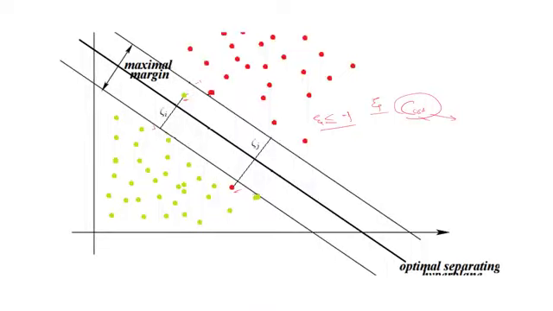If you say greater than -1, then it will even allow the observations to fall on the other side of the margin. So like that, you can use the epsilon, and to whatever extent you specify the epsilon, based on that, the observations will fall on the other side.